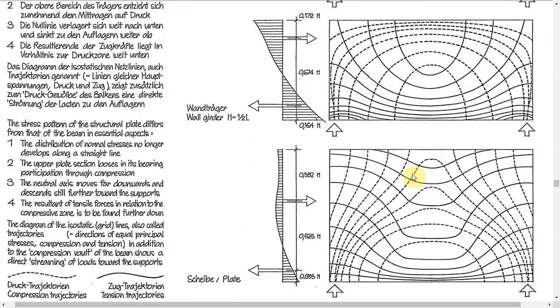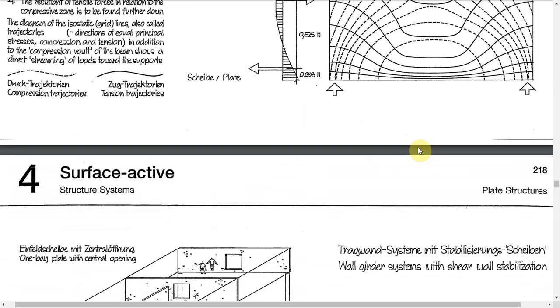Compression trajectories start from the two supports, while the tensile trajectories start from the top of the supports and move downwards, right? So these are the two things which we can see here, right?